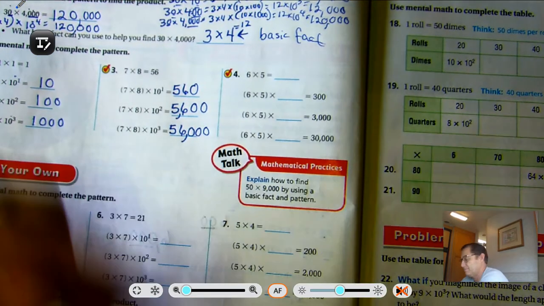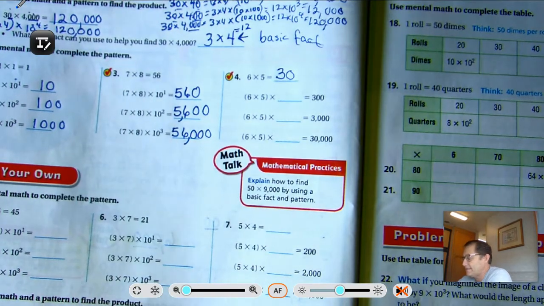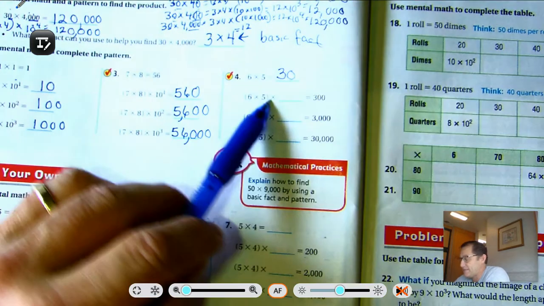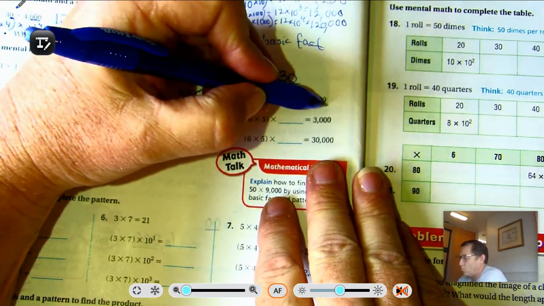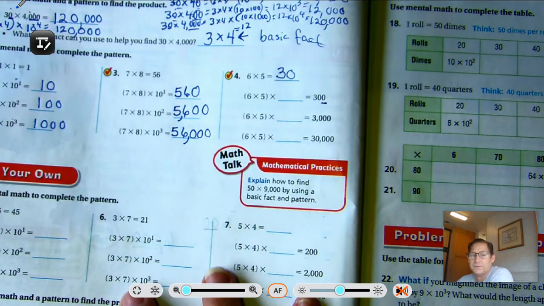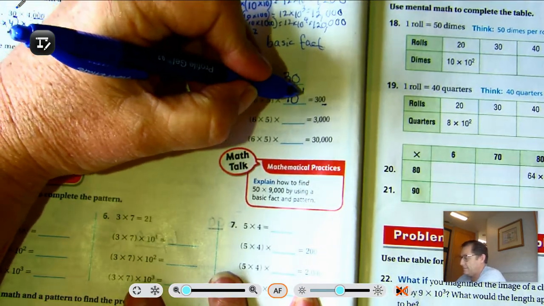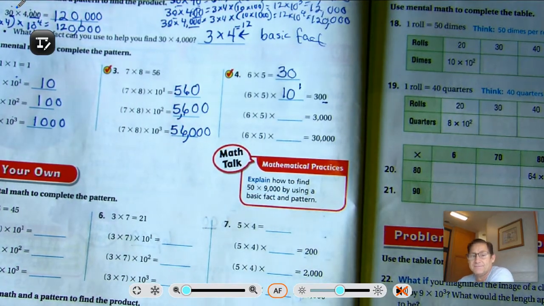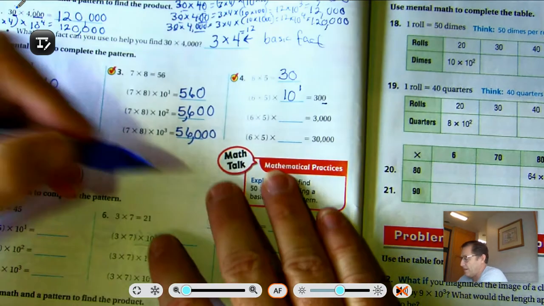6 times 5, that's our basic fact, 30. So 6 times what would give me 300? Okay, so my basic math fact ends in a 0. So there's only 1 zero after the whole number. So that's 10. 30 times the first power of 10. 30 times 10. So how do we get 3,000?